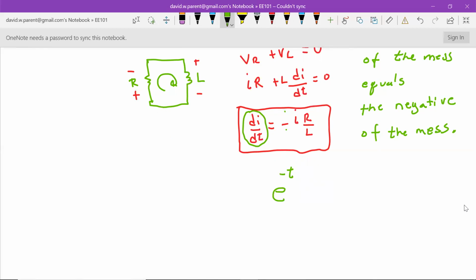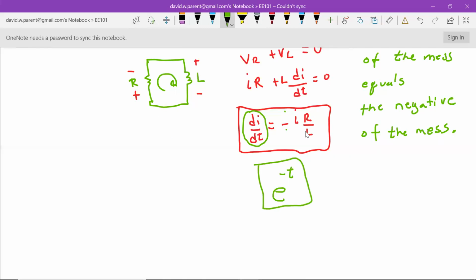But you've probably already done this for a homework assignment in your differential equations class. So you might forget what's going on, but the derivative of the mess equals the inverse of the mess. All right. So we know that this is some kind of exponential decay.